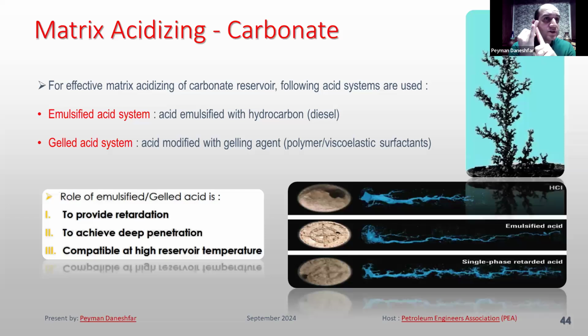When we use a diverter, when we want our acid compatible with high temperature in a long interval well. So our emulsified acid, how can we make it? We emulsify our acid with a hydrocarbon, normally diesel, and a gel acid with a gelling agent such as a polymer or viscoelastic surfactant, and others.